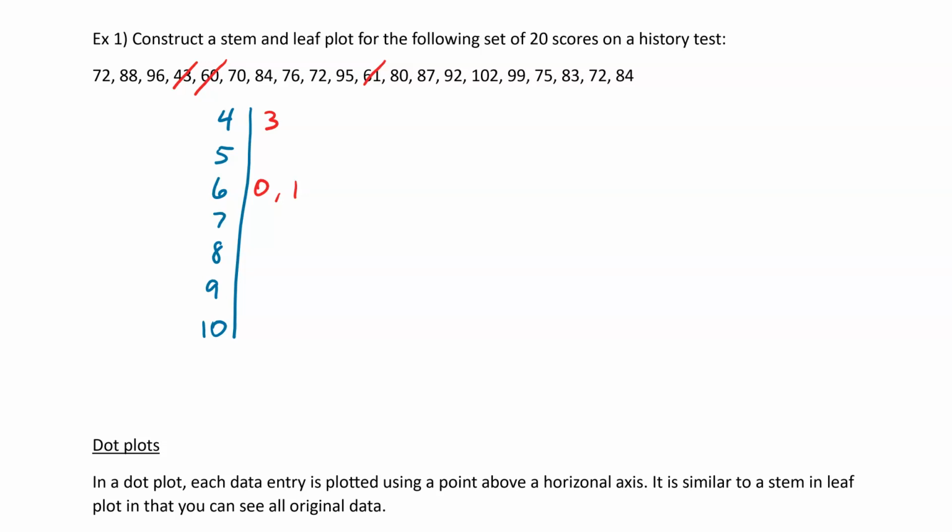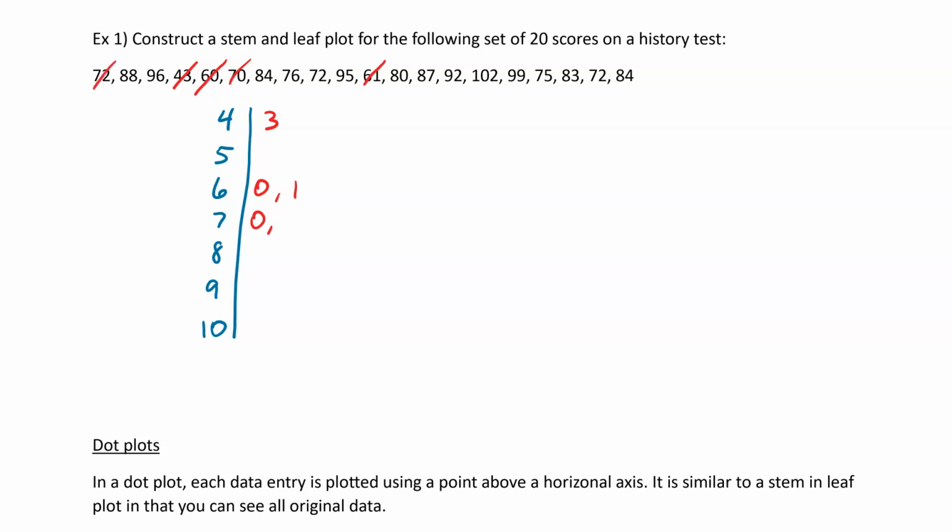For the 70s, I'm going to try to go least to greatest. The least in the 70s is a 70, so that's going to be a 0. There are no 71s, but there are multiple 72s.